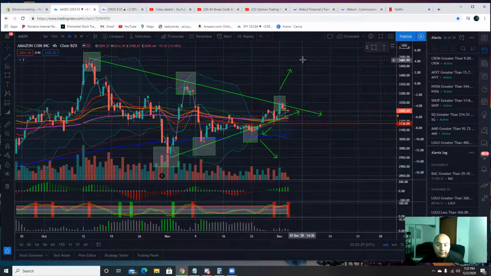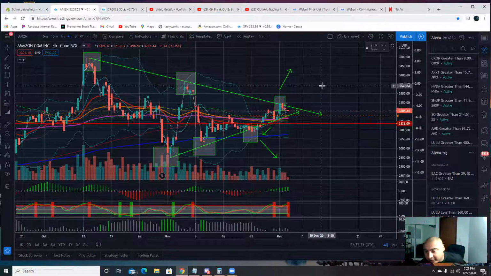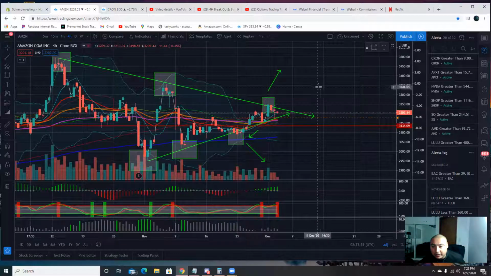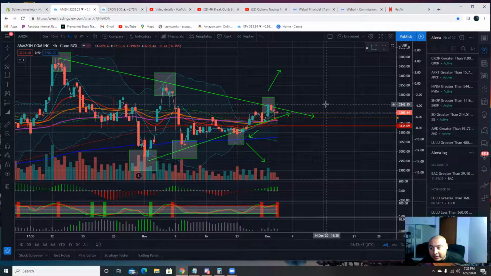Another thing that's important that you guys should also take into consideration is that strong resistance and support points are a lot of times in sections where the numbers end in a zero, right? So 3250, it's an even number. So to me, that was another indicator that this might be a strong resistance point, right? Numbers like 3200, 3100, 3000, those are typically strong resistance and support points.